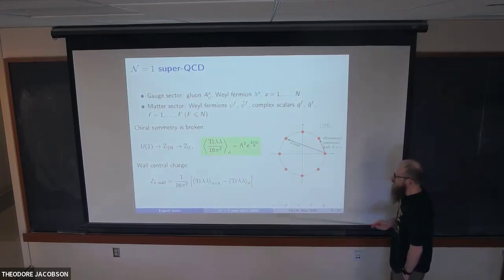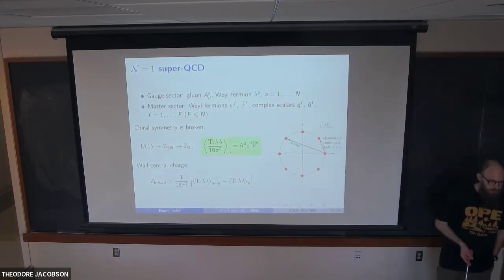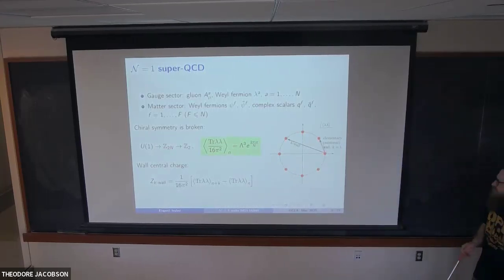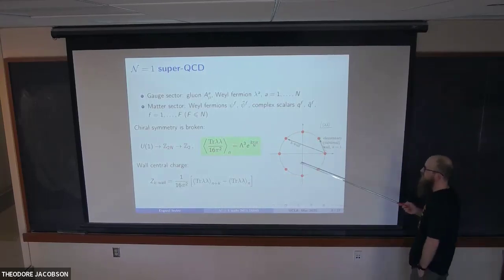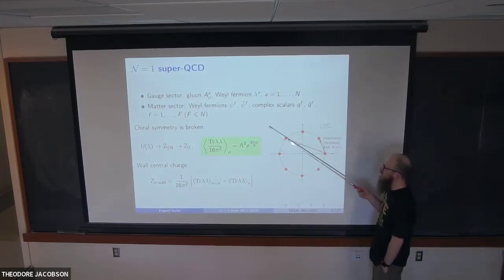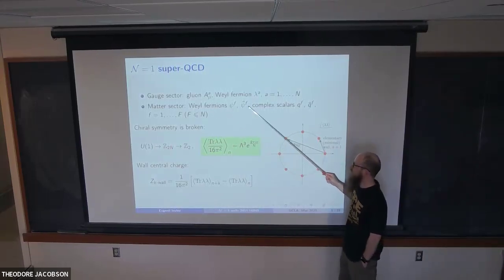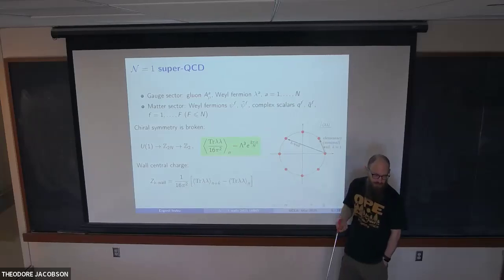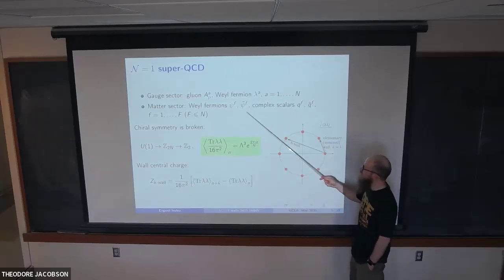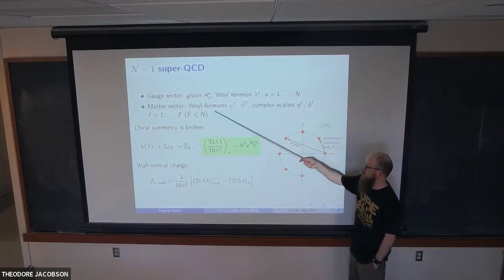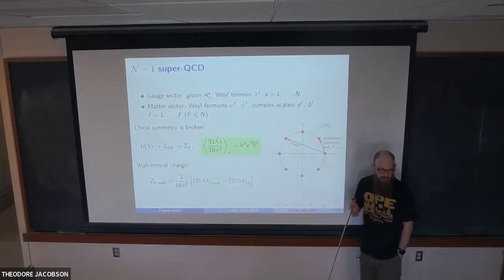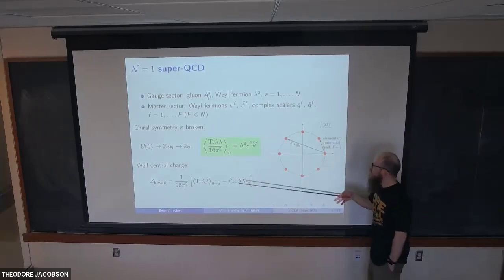Okay, so now we're going to jump right into N equals 1 supersymmetric Yang-Mills theory, or supersymmetric QCD. So what do we have here? Usual QCD would have a gluon field and, say, Dirac quarks, fermionic quarks, and a Dirac fermion can be represented as two Weyl fermions. That's usual QCD.